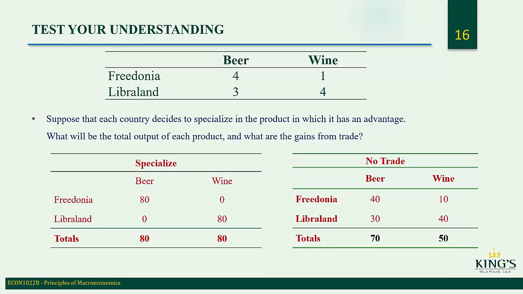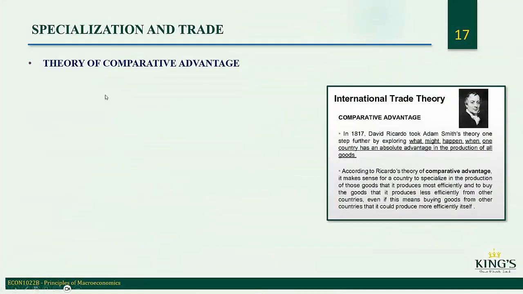And so again, this is just an example where each country has an absolute advantage over the other. And here the gains were 10 and 30. But again, this is just absolute advantage. The next person that came out here was David Ricardo. He came out with a more comprehensive theory and showed that absolute advantage is sort of a special case.